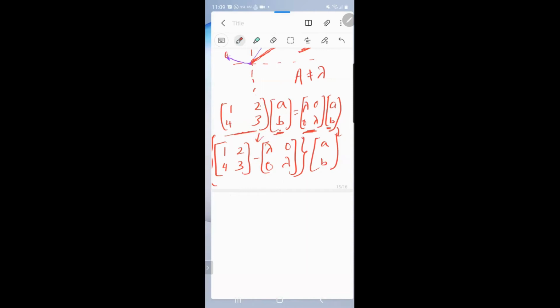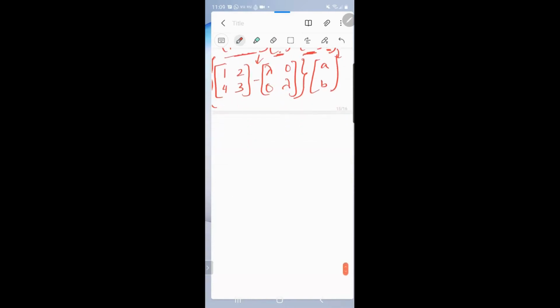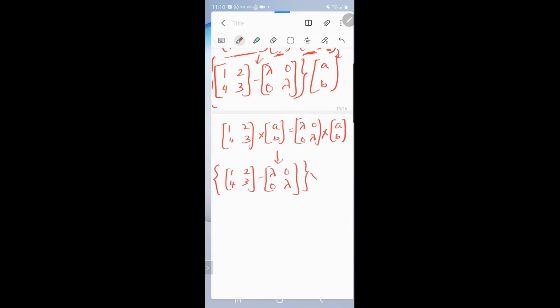Does the bracket represent multiplying? Yeah, this is multiplying. Here you can assume that these are multiplying. So let me try writing this in a smaller way. This is our starting point. Actually, let me write the intermediate step here.